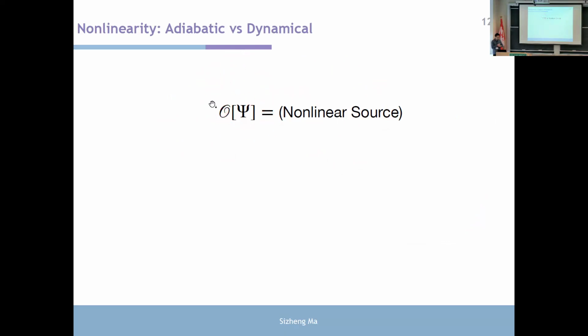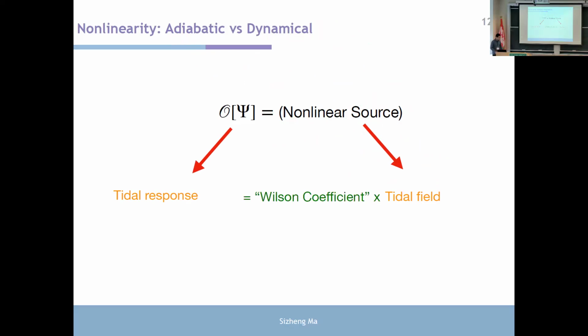So the whole nonlinear effects completely enter through this nonlinear source term. Here we can think of this source as a tidal field acting on the black hole, and the corresponding particular solution can be thought of as the tidal response, which is related to the tidal field through a set of quote-unquote Wilson coefficients.